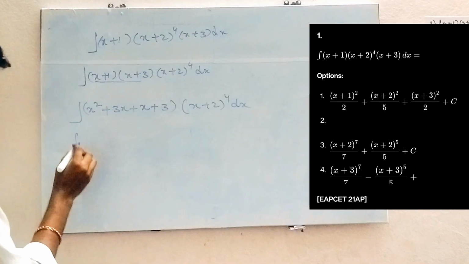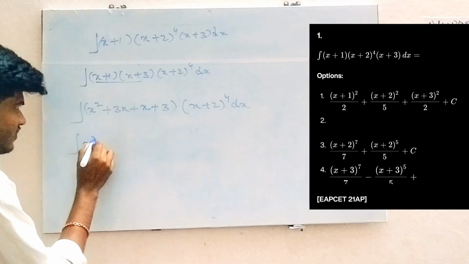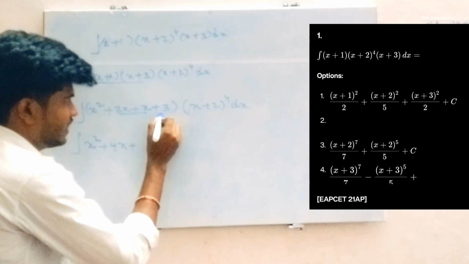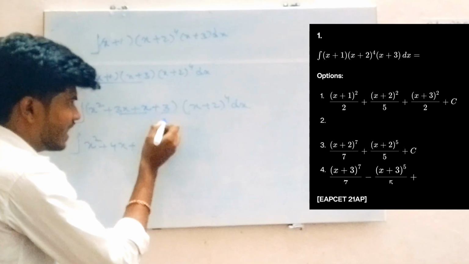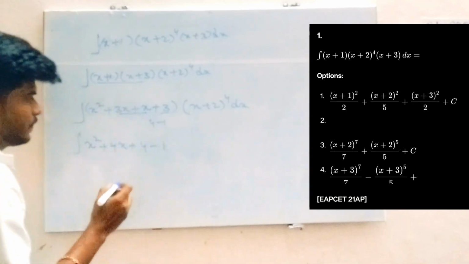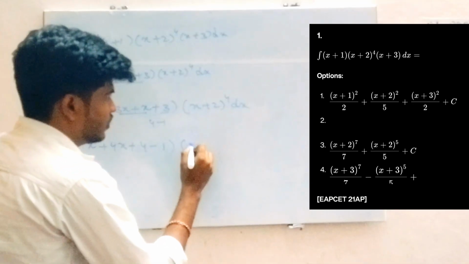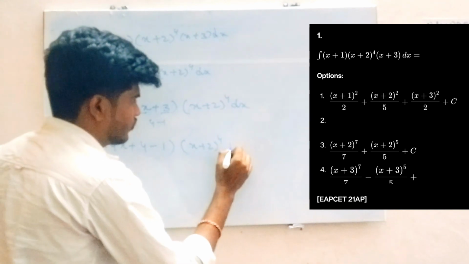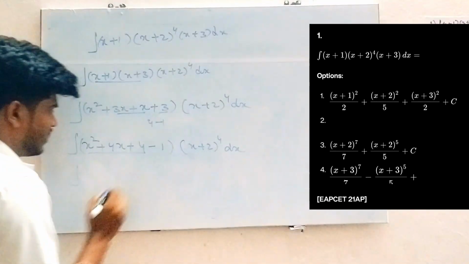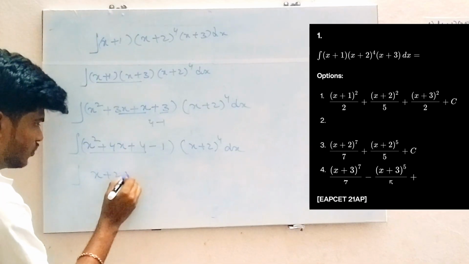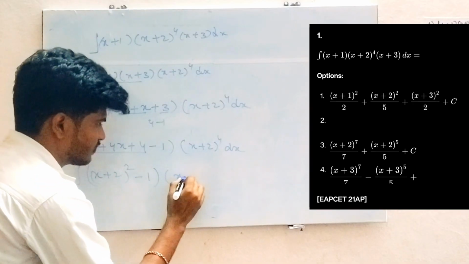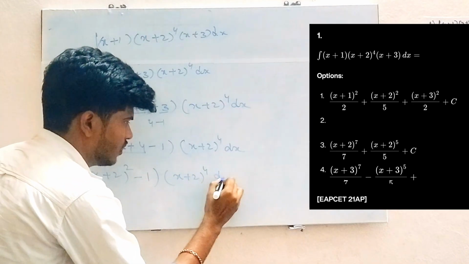Next, x square plus 4x plus 3, where for 3 I write 4 minus 1, so it is x square plus 4x plus 4 minus 1, multiplied by (x+2)^4 dx. The integral of this term, I will write as (x+2)^2 minus 1, multiplied by (x+2)^4 dx.